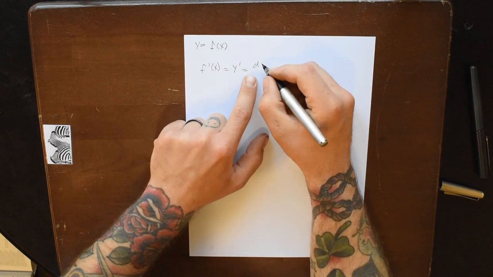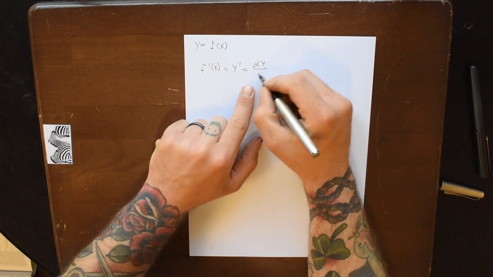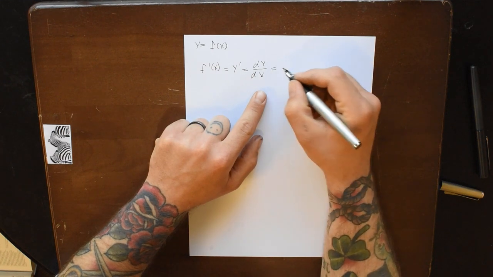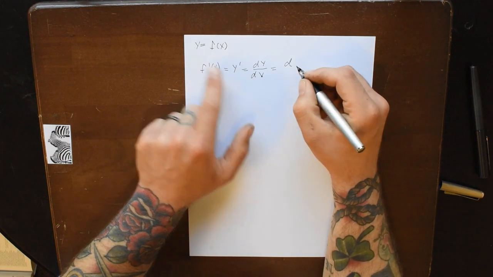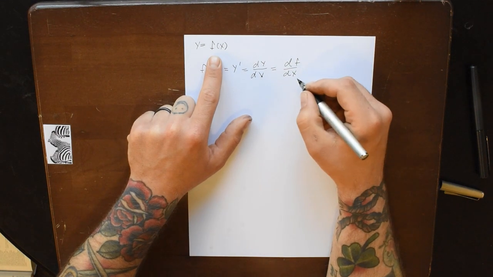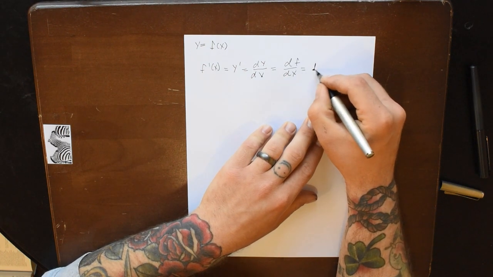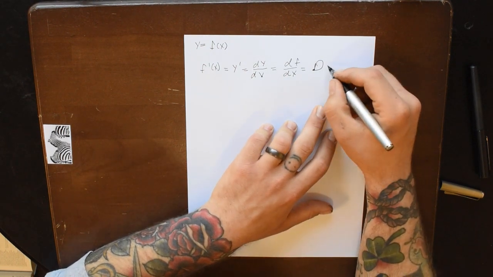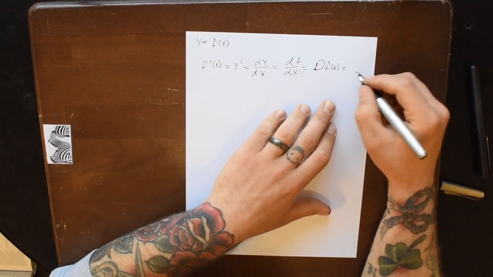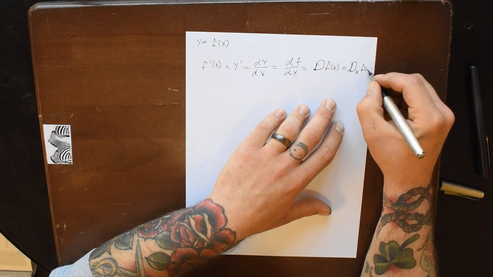The derivative of y, or the derivative of the function y with respect to x. You can also say the derivative of f with regards to x. We can also use a capital D, D of f of x, or, and you'll see this one in Calculus 3, D sub x of f of x.